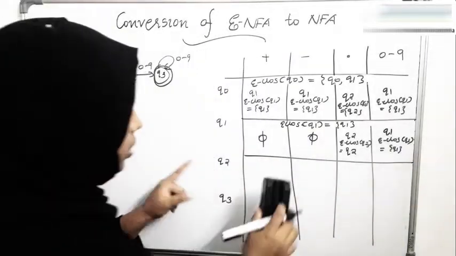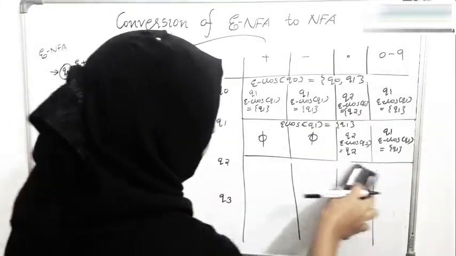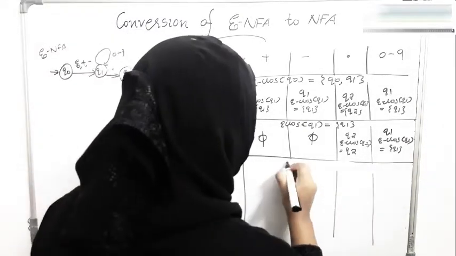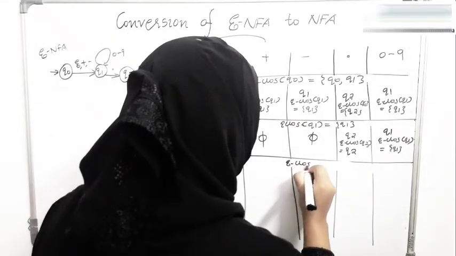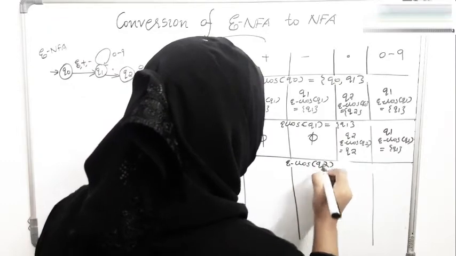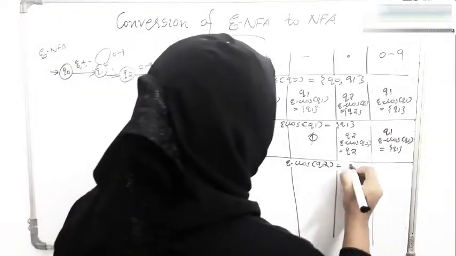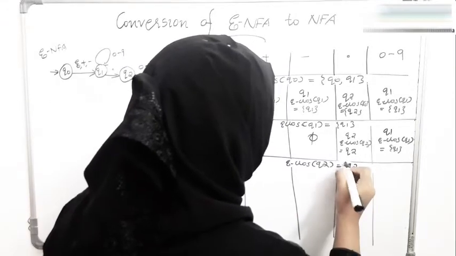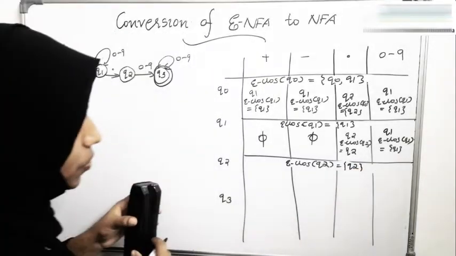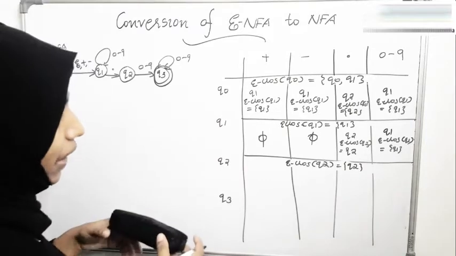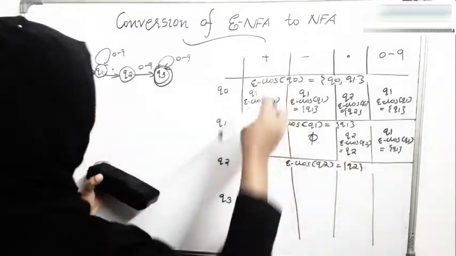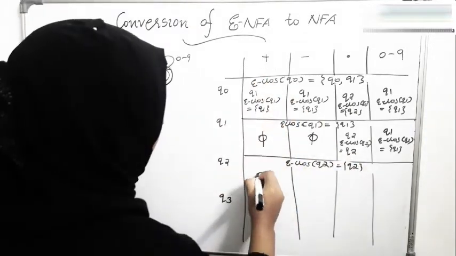Now what you have to do is find epsilon closure of the state. So E close of Q2 is Q2 itself, because you can't go anywhere else with the help of epsilon, because there are no epsilons in the NFA. So Q2 comma plus is not defined.